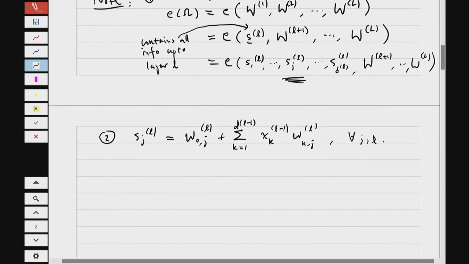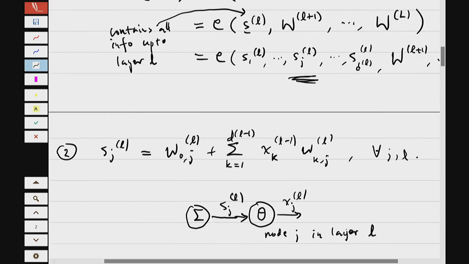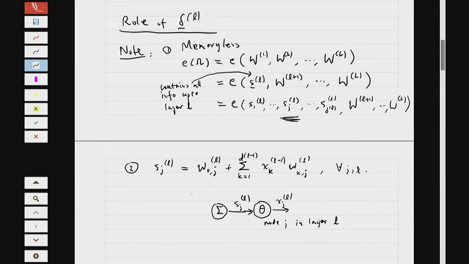If this does not look familiar with you already, then one way to see this is drawing the picture again, right? We've seen this picture again. I'm just drawing that part that's relevant, yeah? This input sent into this J's neuron in the L's layer, yeah? And then you output XL, right? This is node J in layer L, just in case you've forgotten the power notation already. So this input is the weighted sum of the information from the previous layers.